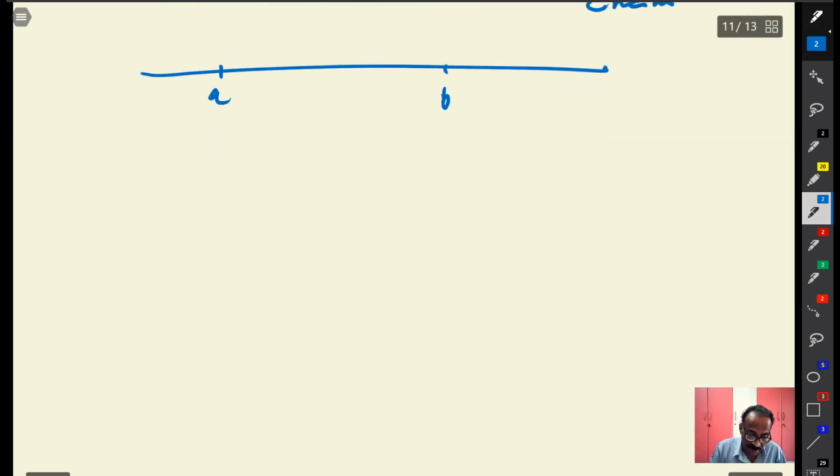Okay, so what is the functional to be minimized? When a chain is hanging, the only force acting on it is gravity, so you write down the potential energy functional.